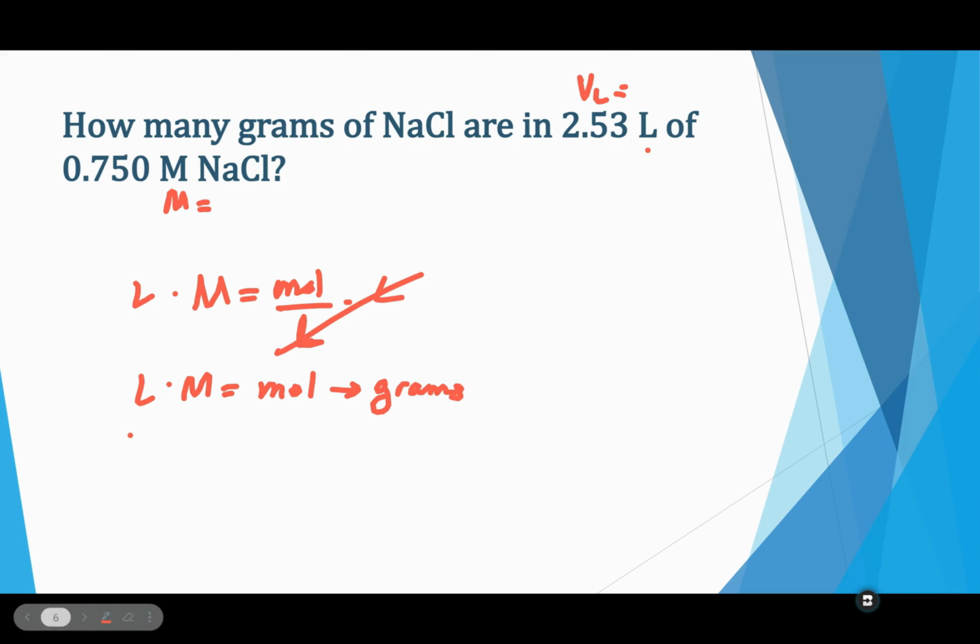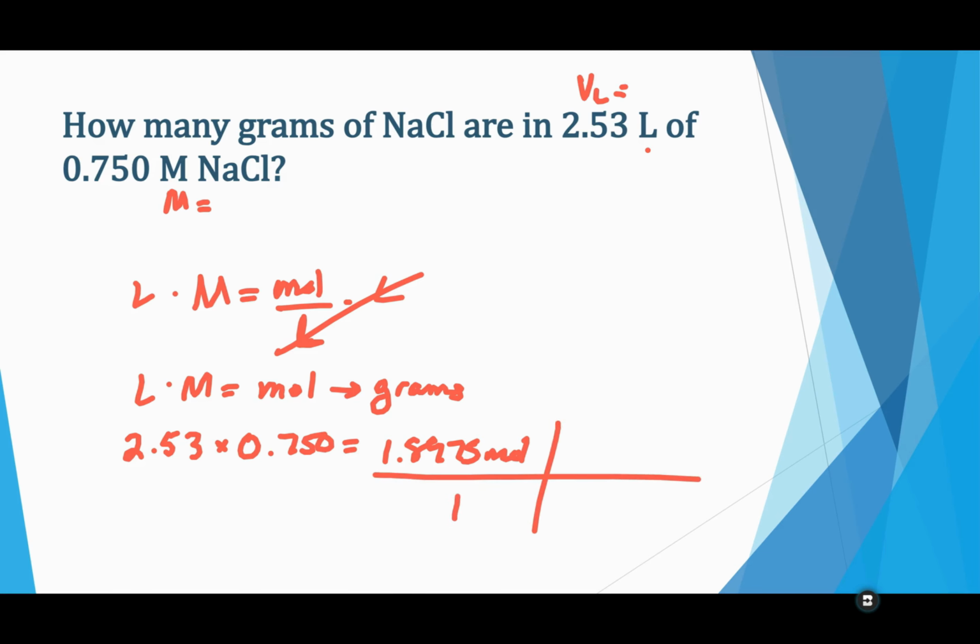So 2.53 times 0.750, that will be my moles for this. So 1.8975 moles. To convert that over to grams, I'm going to multiply by the molar mass of NaCl on top, which is 58.44.